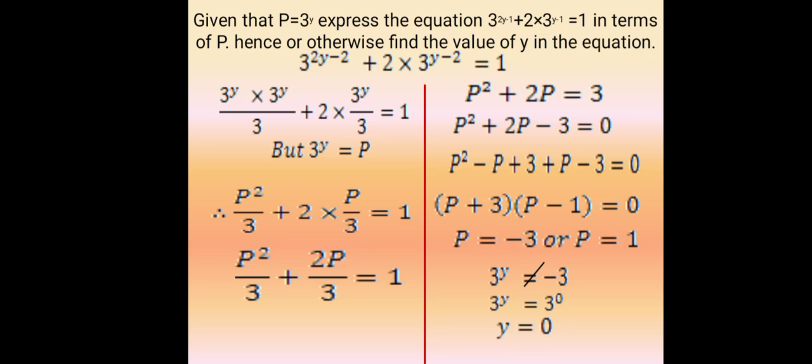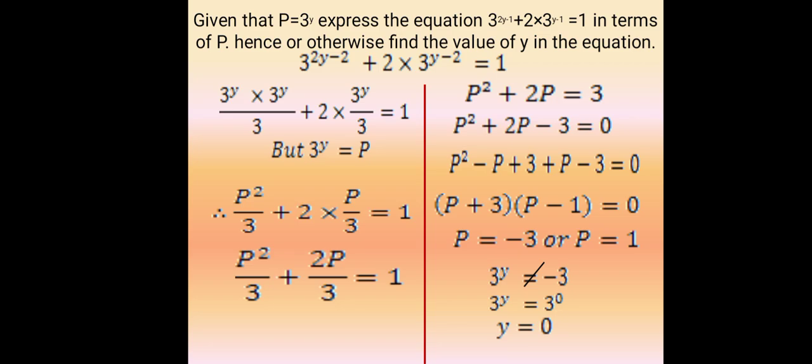We shall have p squared minus p plus 3p minus 3 is equal to 0. Now factorize: (p plus 3)(p minus 1) is equal to 0.